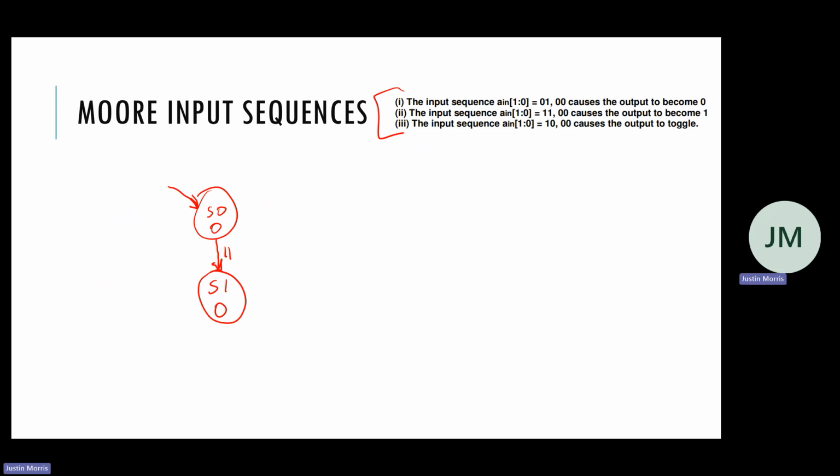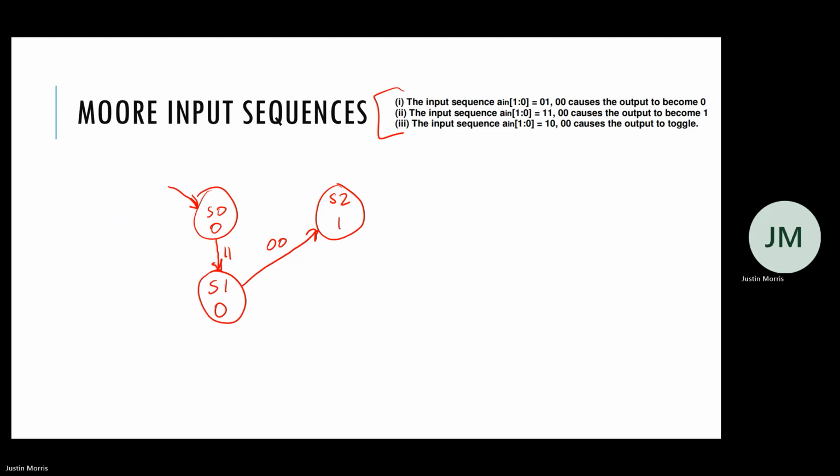But now when I'm in state S1, I remember that I've seen the input 1, 1. So then if the next input is 0, 0, I'm going to toggle my output. Right? So that's how we get from 0 to outputting 1.